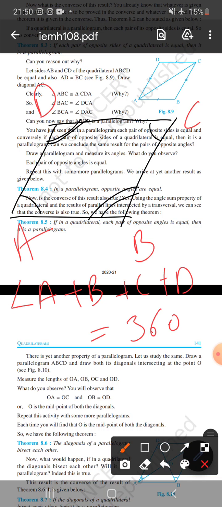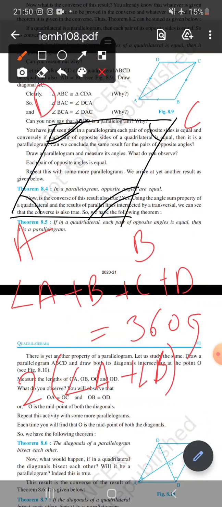Also angle A is equal to angle C and angle B is equal to angle D. So you can say twice of angle A plus angle B will be equal to 360 degrees, and angle A plus angle B will be equal to 180 degrees.